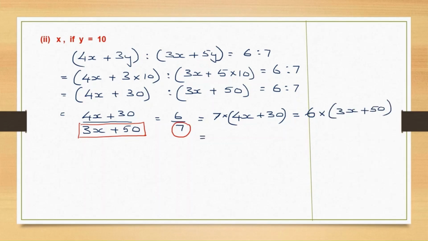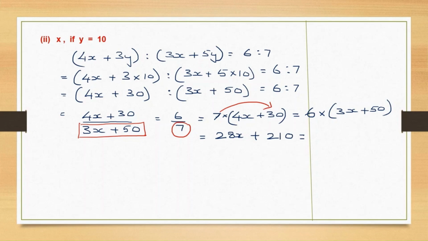Now let's work this out. 7 into 4x, 7 4s are 28x, plus 7 into 30. So this part is over. Now we are doing 7 into 30. 7 3s are 21, so that is 210, equals.